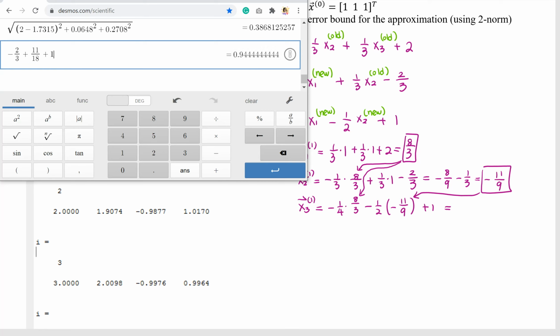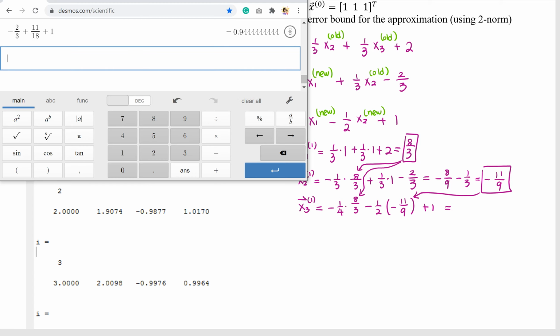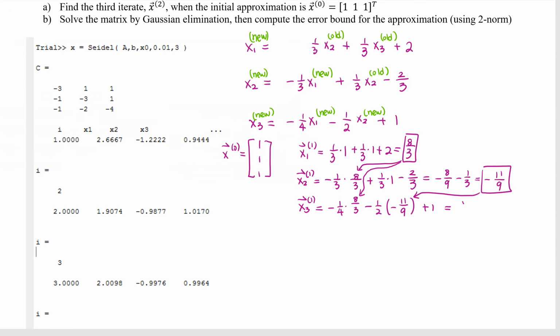Sometimes if you can do some calculation in your mind, then you don't need to type so many things in your calculator. So what is that number? 17/18. So this is x1: x1 is 8/3, x2 is minus 11/9, and x3 is 17/18.